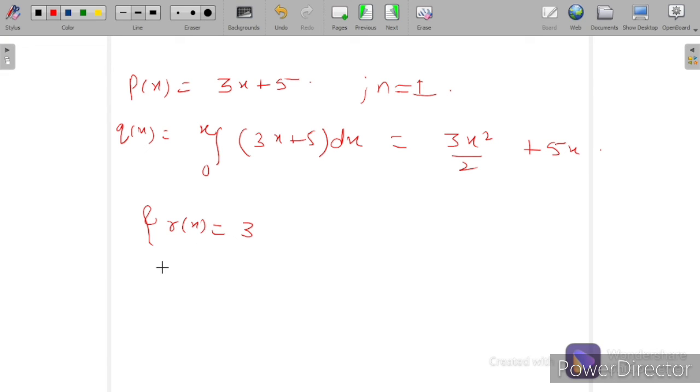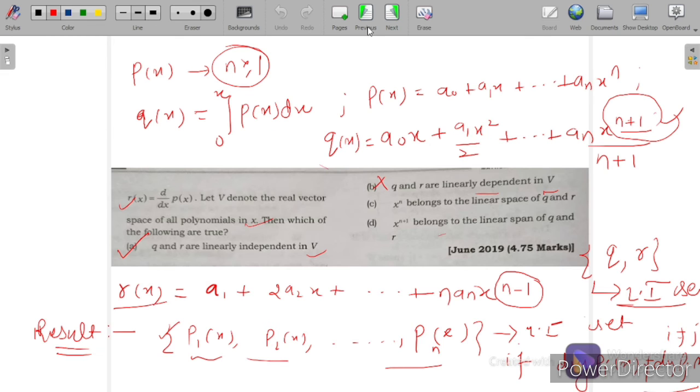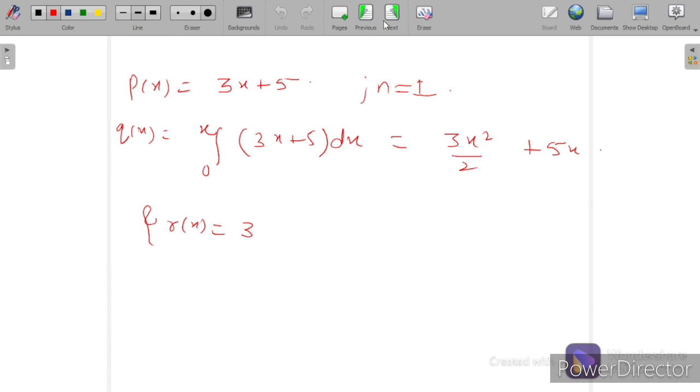Now the third option is saying that x to the power n belongs to the linear span of q and r, and the fourth option is saying that x to the power n plus 1 belongs to the linear span of q and r. See, n is equal to 1.